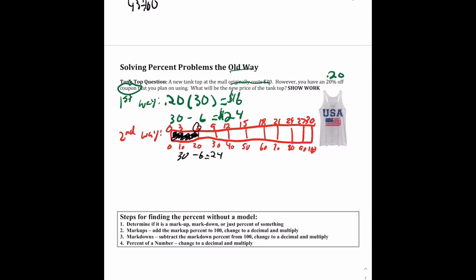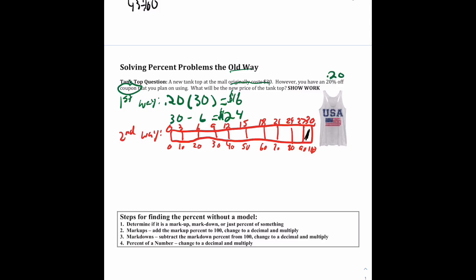Or you can do the other way we sort of talked about, and this is what leads us into today's lesson. So, instead of taking 20% and then subtracting, what you could really do is take off 20% from the whole.